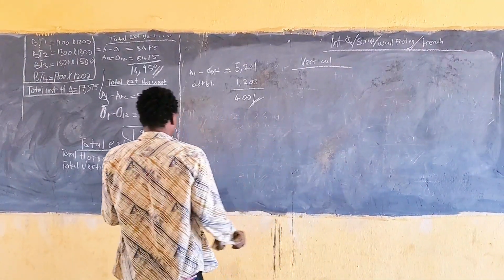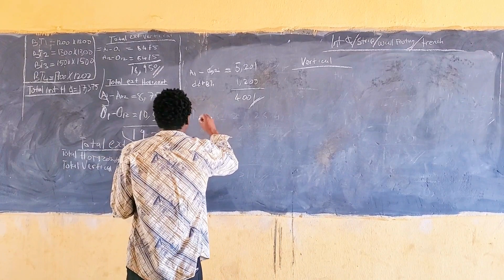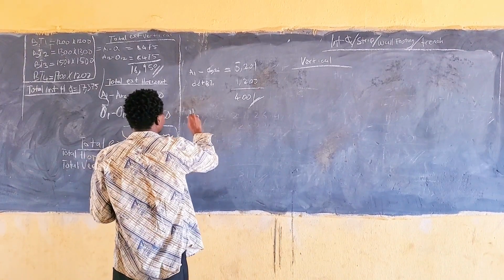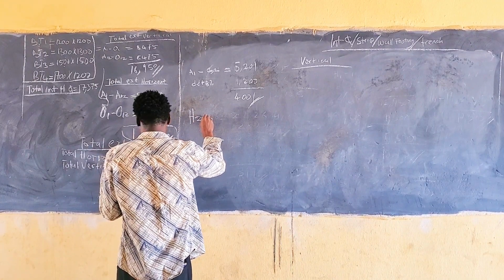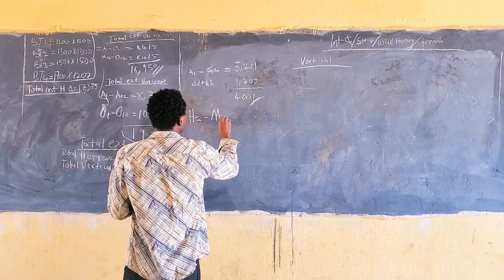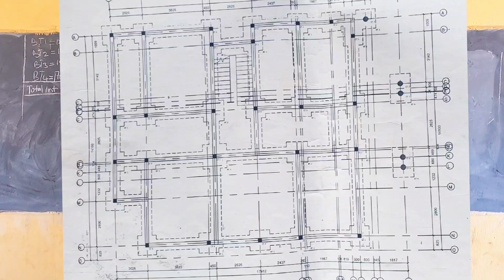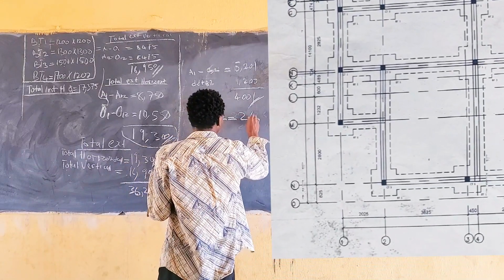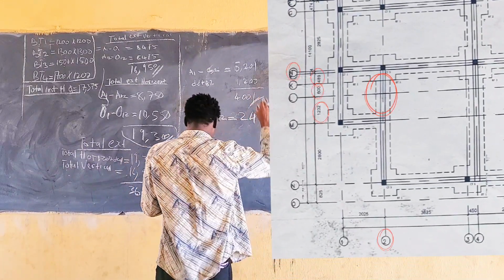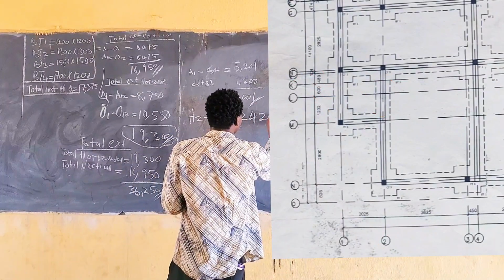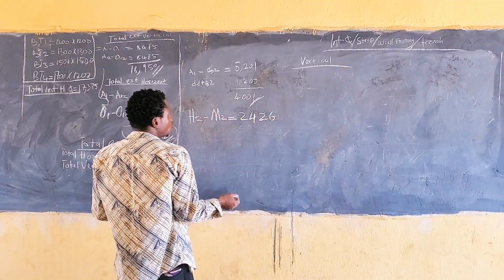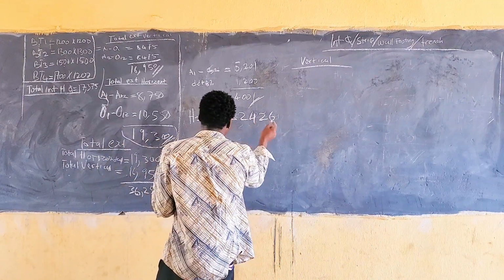So our next vertical internal strip is H2 to M2, which will give us 2,000. You add all the dimensions along that strip, and you should get 2,426.